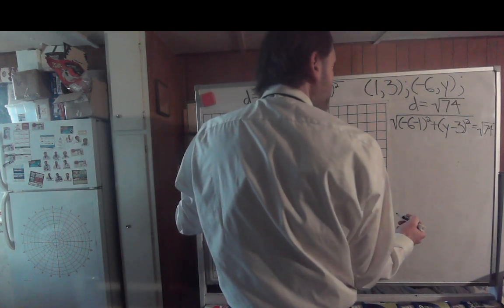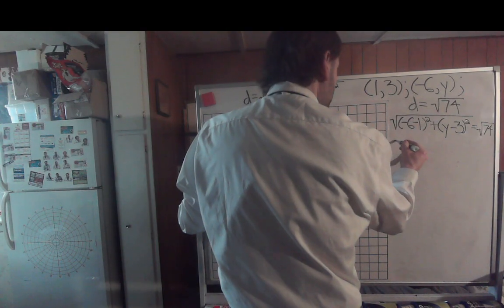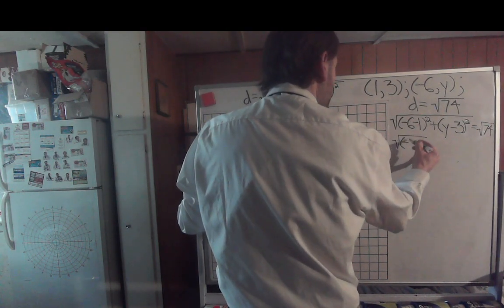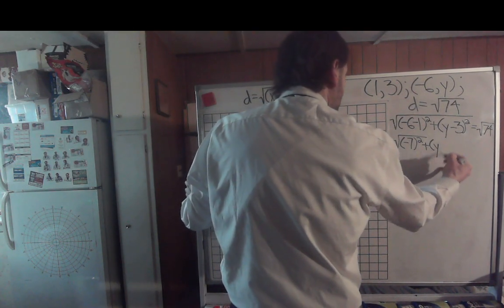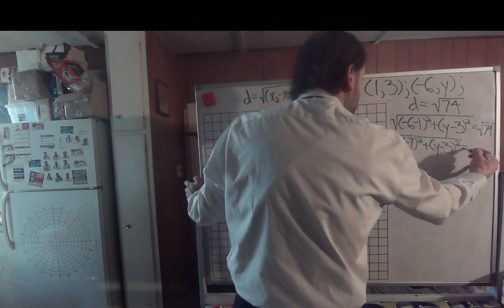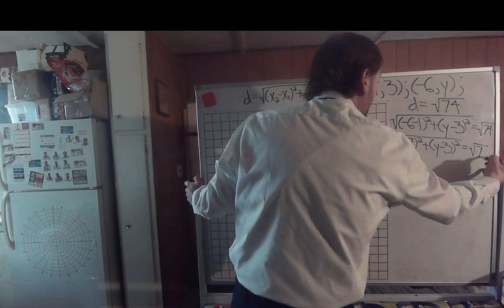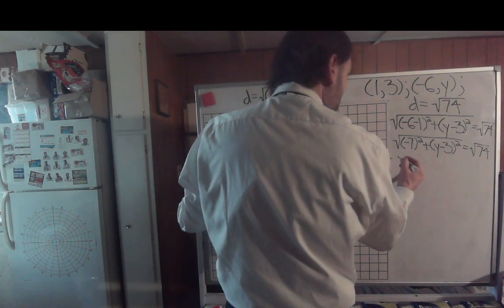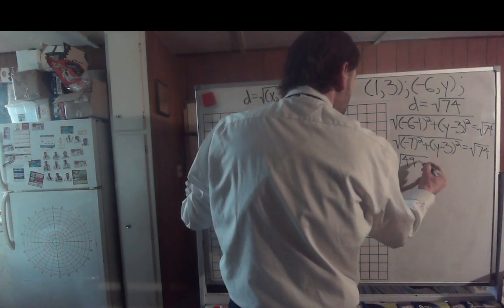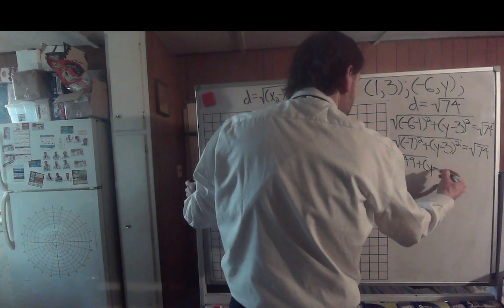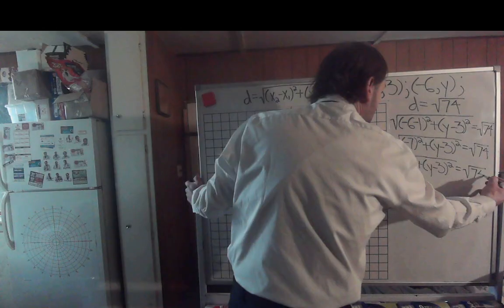Alright, so now this would simplify into the square root of negative 7 squared plus y minus 3 squared is equal to the square root of 74. Which really means then the square root of 49 plus y minus 3 squared is equal to the square root of 74.